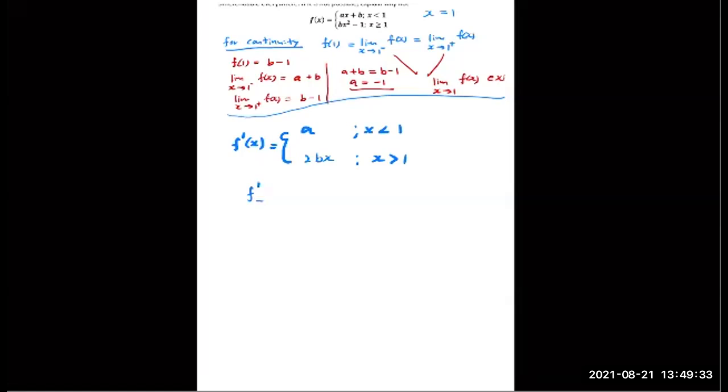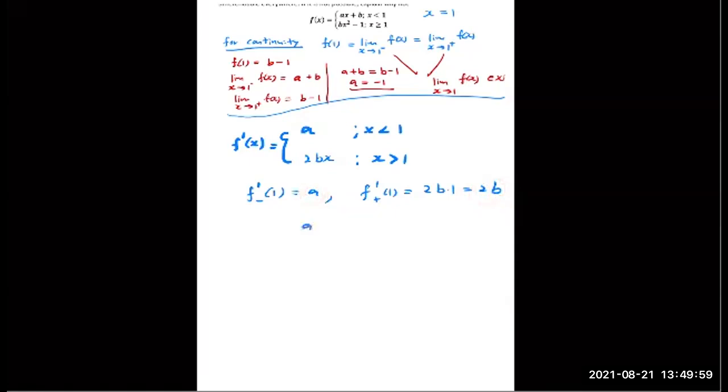To find the left derivative, f prime of 1, I plug in x equal to 1 in this function, which gives a. To find the right derivative, I plug in x equal to 1 in this function, which is 2b times 1, which is 2b. Now I want my left and right derivatives to be equal, because I want my function to be differentiable at x equal to 1.